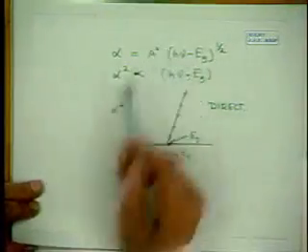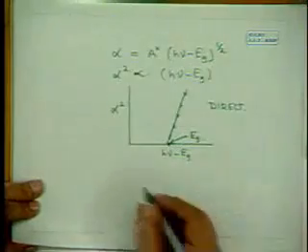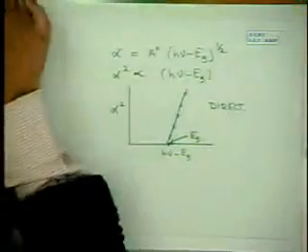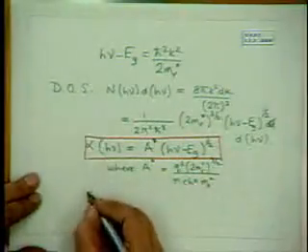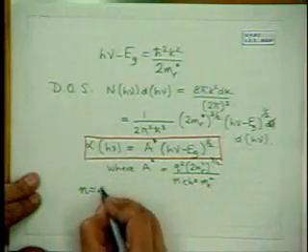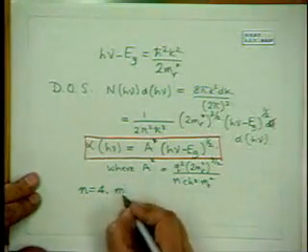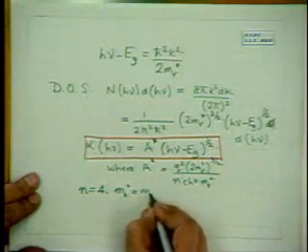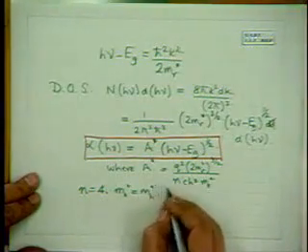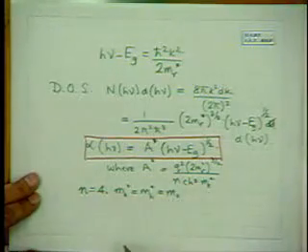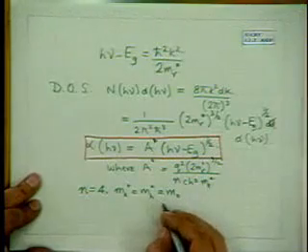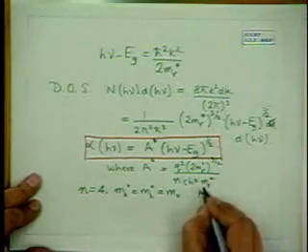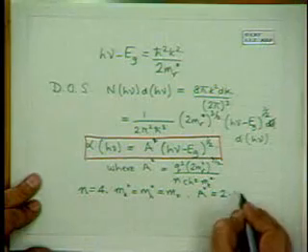What about this constant A star? We can evaluate A star from this expression. We can say that for semiconductors with refractive index, say n is equal to 4, if for simplicity we assume Me star is equal to Mh star is equal to M0, the free electron mass, then we find that this constant A star is 2 × 10⁴.